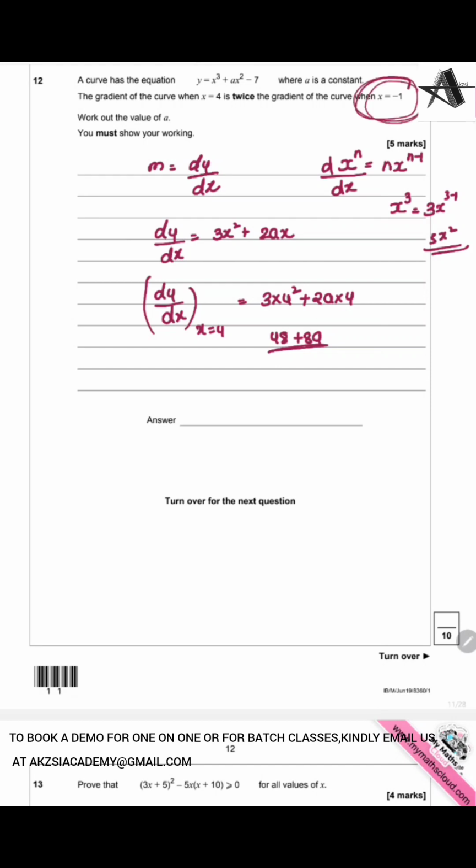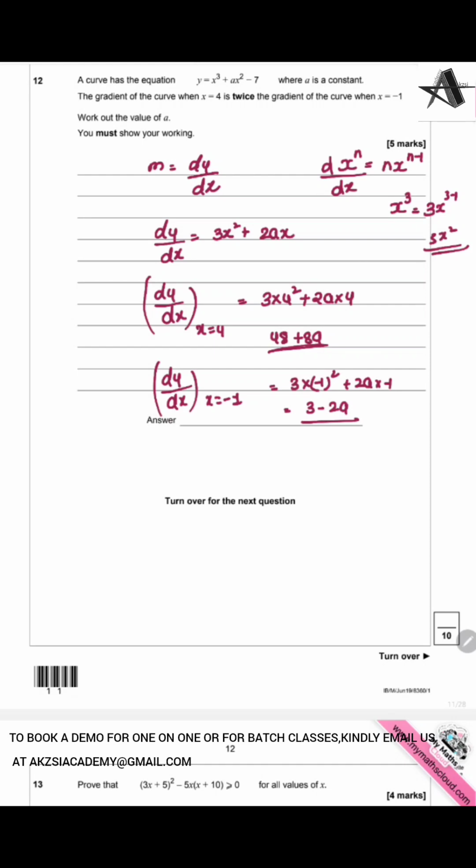Similarly, I need to put x equals negative 1. So the gradient at x equals negative 1 will be 3 into minus 1 whole squared plus 2a into minus 1. So the answer is 3 minus 2a.